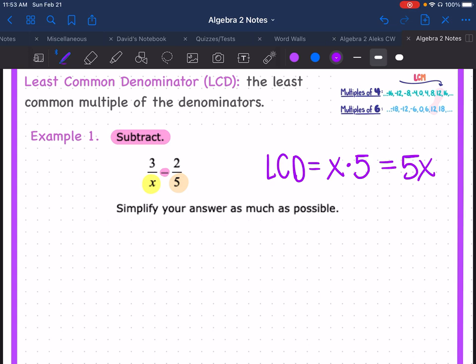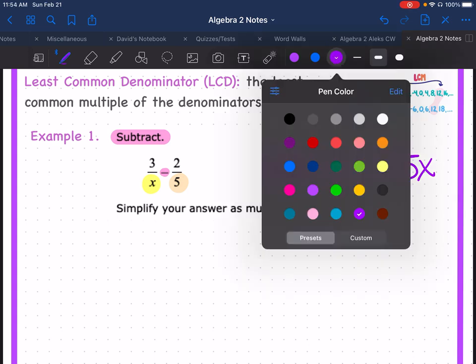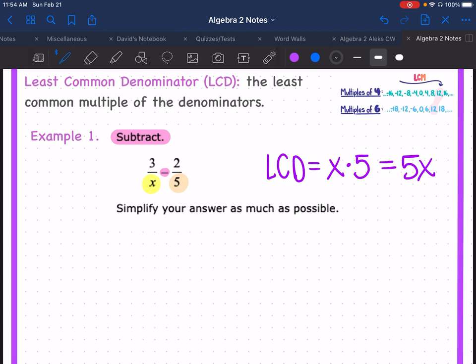Now I'm going to change my two rational expressions. I'm going to use my highlighter to help me out. Since the first rational expression has the yellow, I'm going to multiply by that peachy orange color.